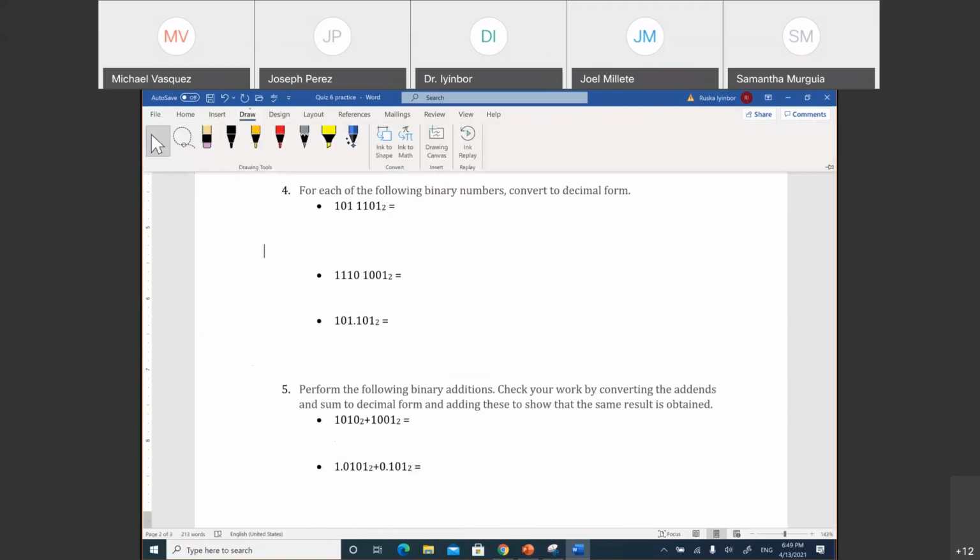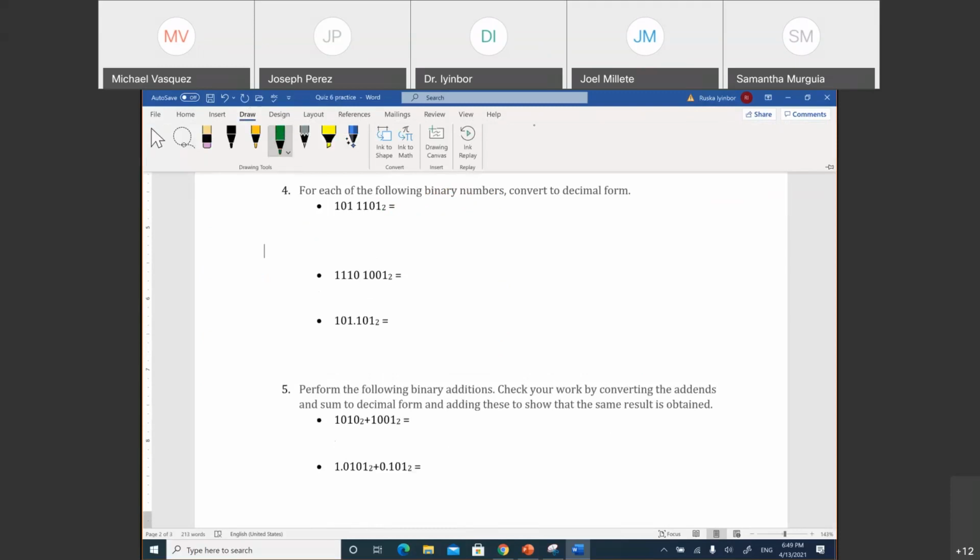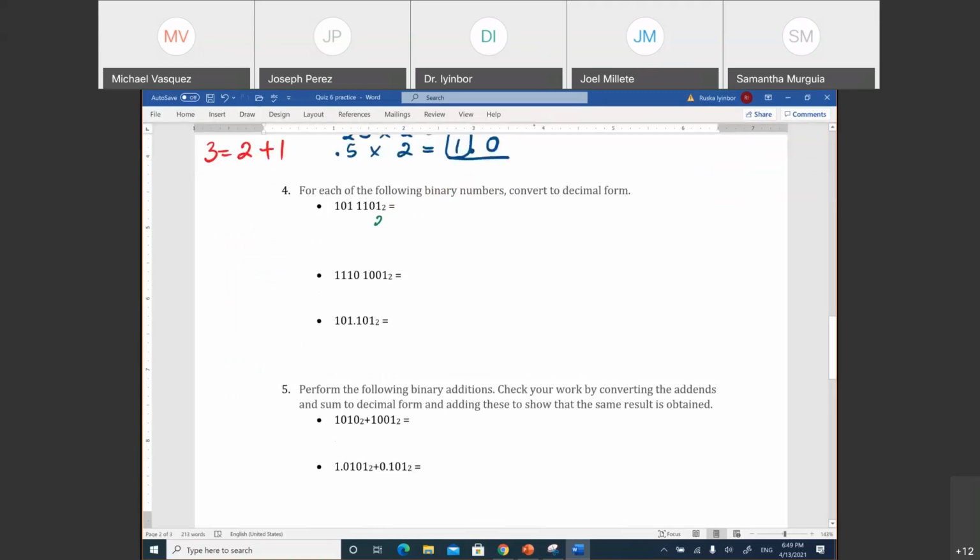So the first way, I'm going to expand it. So I'm going to have 1011101. So the first one is 2 to the 0, right? Then you have 2 to the first, and then 2 squared is 4, and then 8, and then 16, and then 32, and then 64, right?